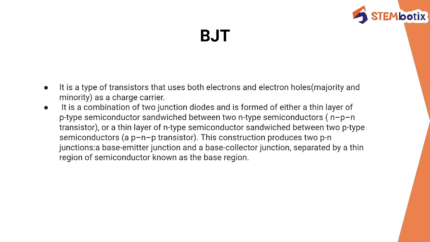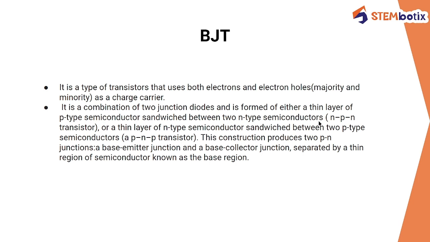It is a combination of two junction diodes and is formed by either a thin layer of p-type semiconductor sandwiched between two n-type semiconductors, forming an NPN transistor, or a thin layer of n-type semiconductor sandwiched between two p-type semiconductors, forming a PNP transistor. Now this construction produces two PN junctions.